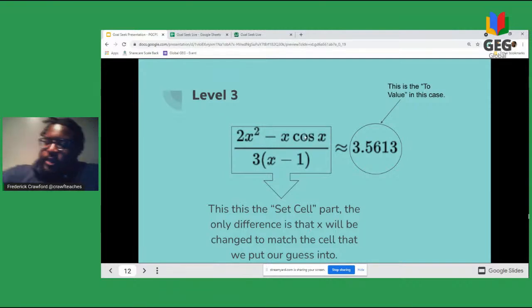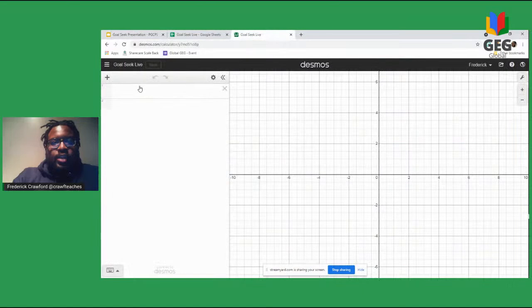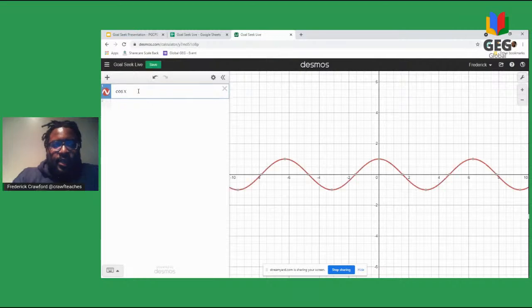It's a special type of function that likes to work with waves. So what I could do right here is go to Desmos and type cosine x. And as you can see, it is a red wave. So you got bottom to top, bottom to top.